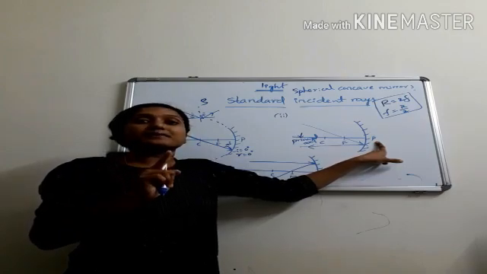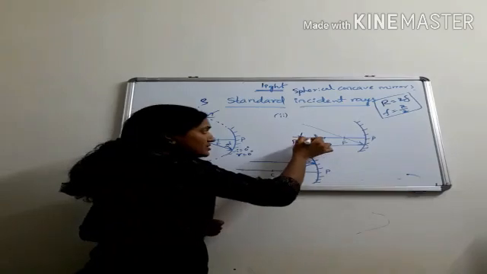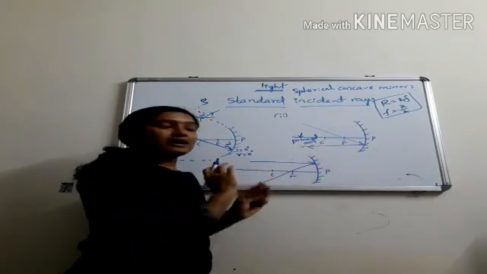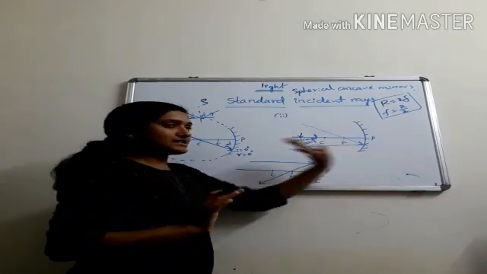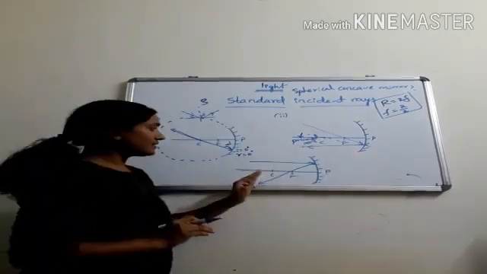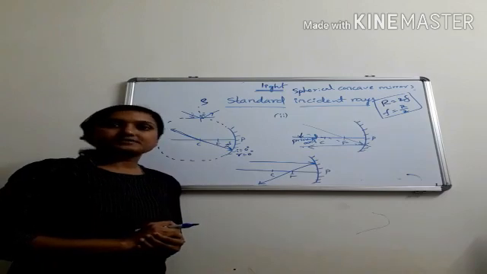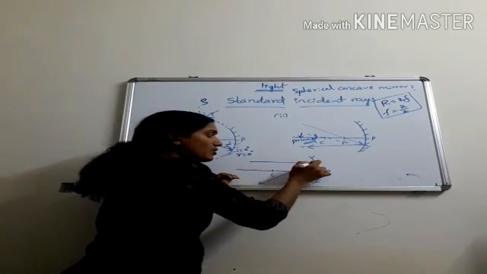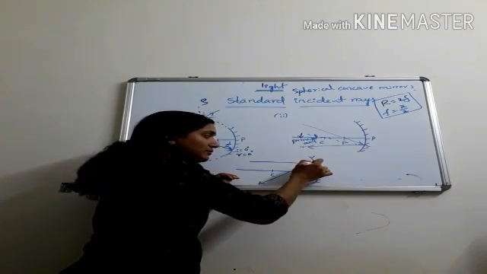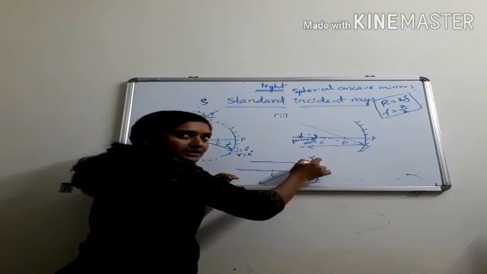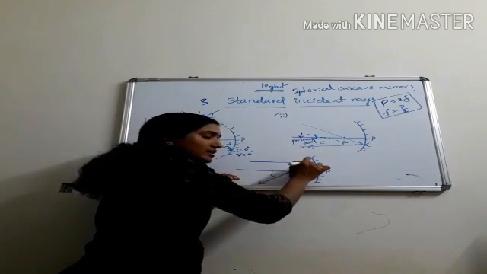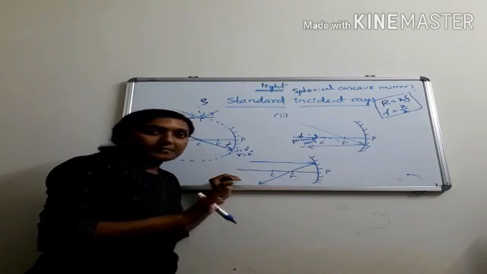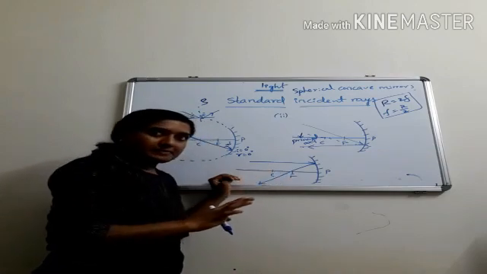That is the principal axis. So this ray is reflecting back parallel to the principal axis. This is the second situation. And then this is our standard incident ray in spherical concave mirrors: the light ray is directly incident on the spherical concave mirror, parallel to the principal axis.